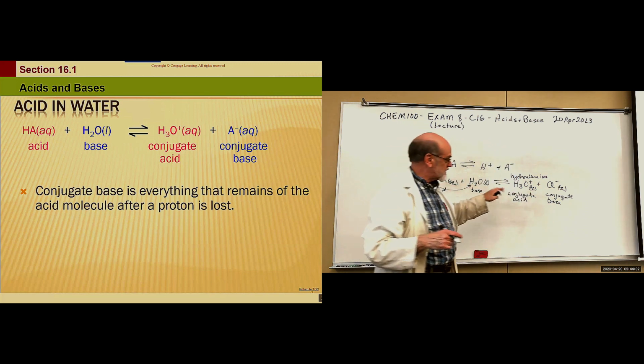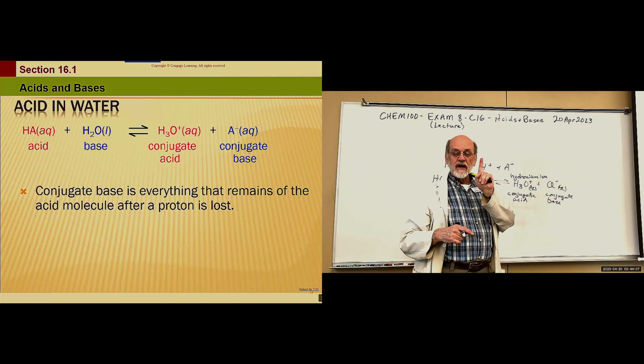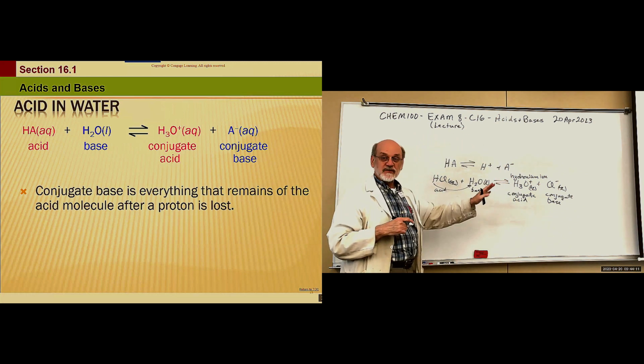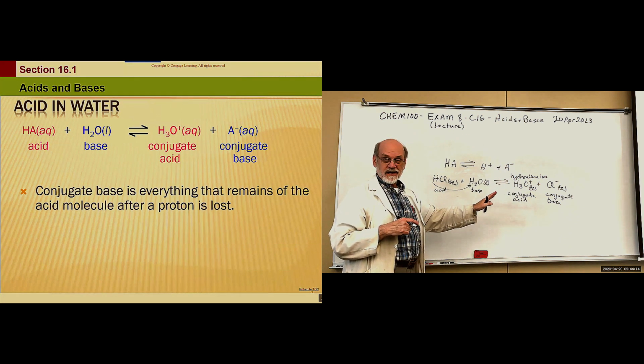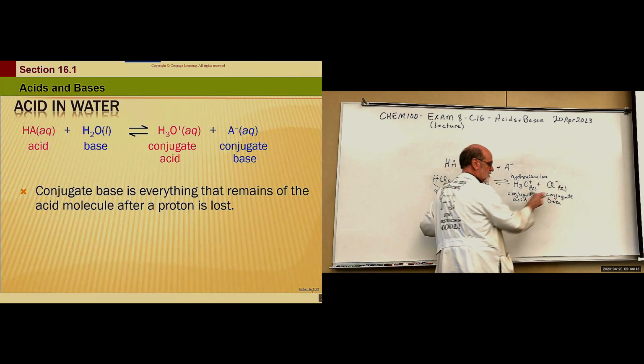The only thing that's missing is one proton. And that always happens. When you are looking for a conjugate acid-base pair, you look for this term to be the same on both sides, and it can be anything.